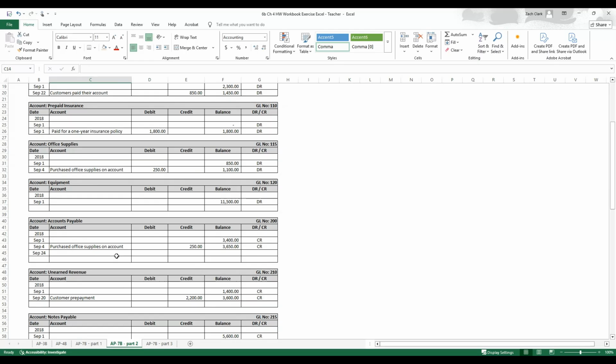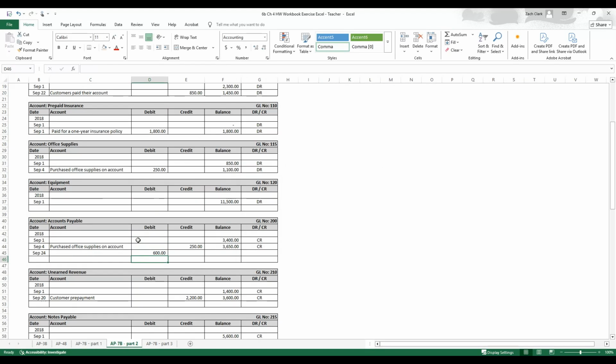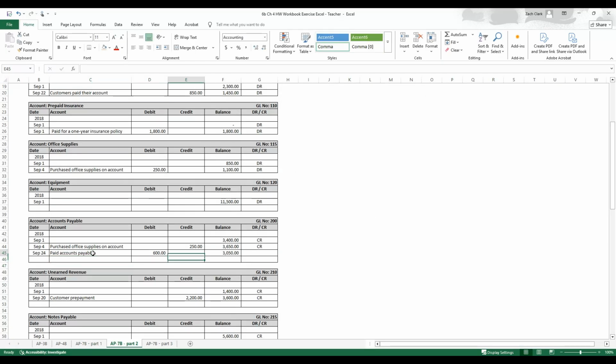And let's go to accounts payable. It's our debit for accounts payable of 600. So we're reducing accounts payable. Okay, we've got that all listed in there.